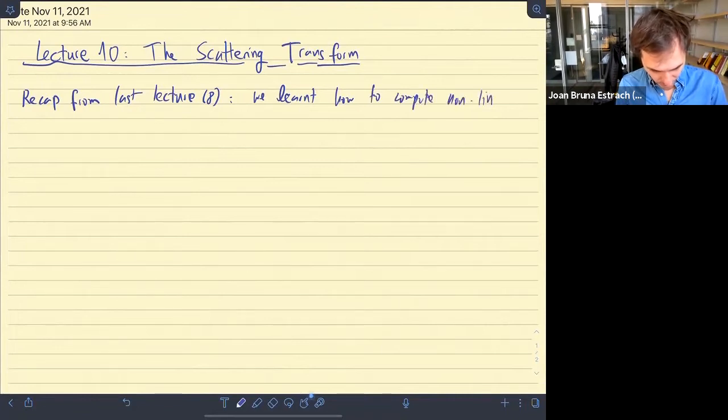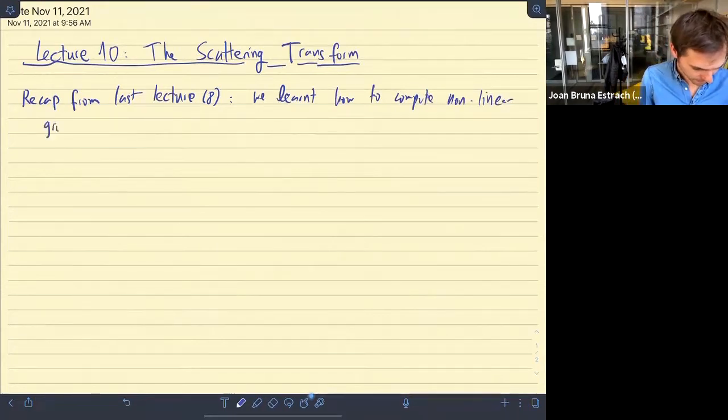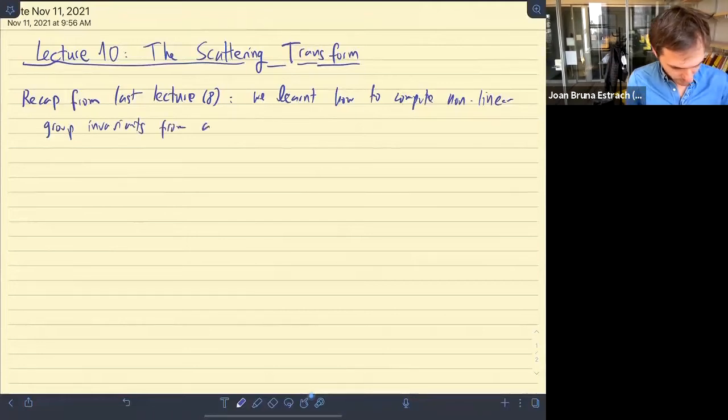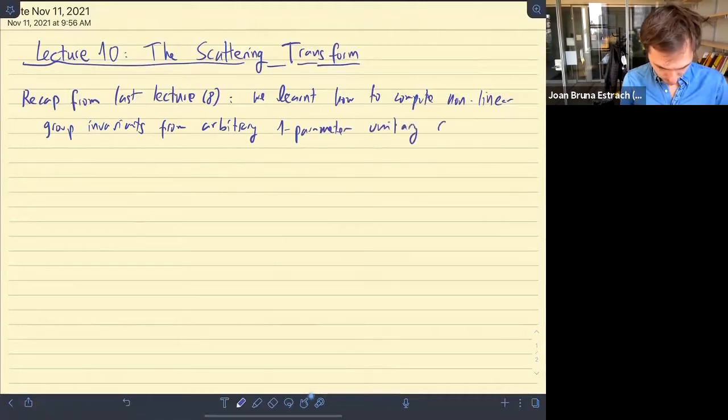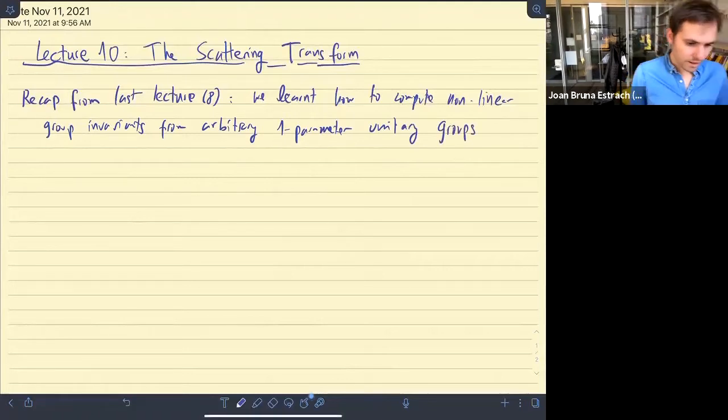So now, our first family of nonlinear invariants from arbitrary one parameter groups.